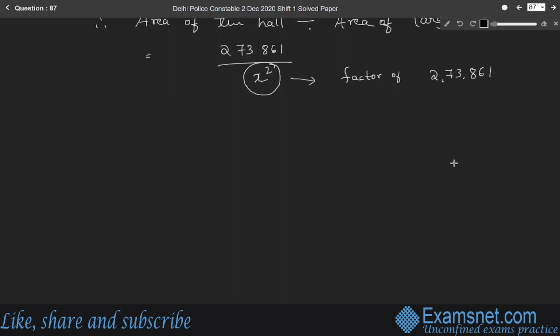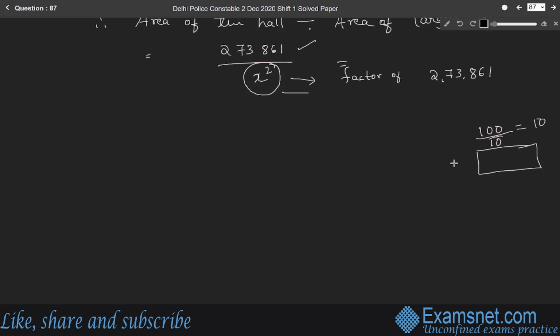For example, if 100 is the area of a hall, and if 10 is the area of each tile, then number of tiles will be 10, right? So in the same way, if 2,73,861 is area of the whole hall and x square is the area of each tile, the largest possible tile, then this ratio becomes number of possible tiles, right?